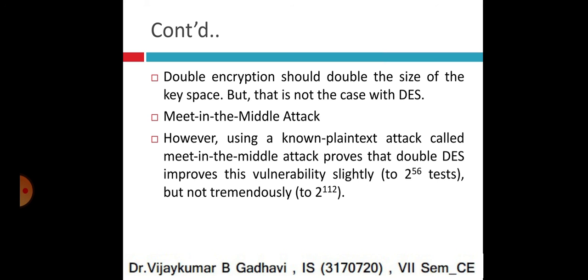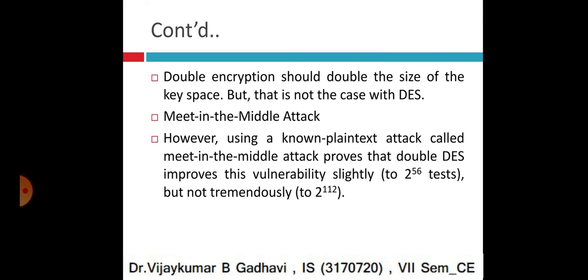Double encryption should double the size of the key space, but that is not the case with DES. We are also protected against the meet in the middle attack. However, using a known plain text attack called the meet in the middle attack proves that double DES improves this vulnerability only slightly, to 2^57 tests, but not tremendously.